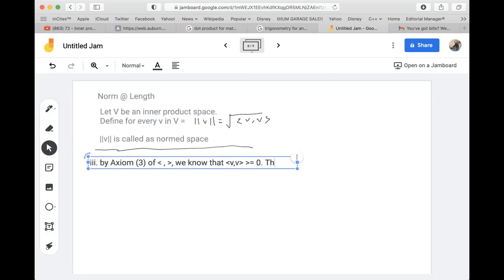Therefore, we can say that the norm of V is well defined.